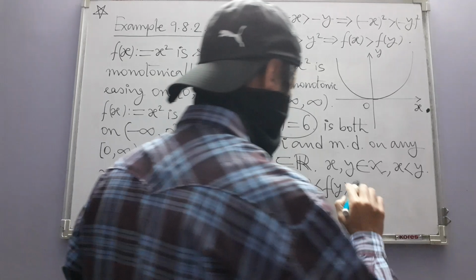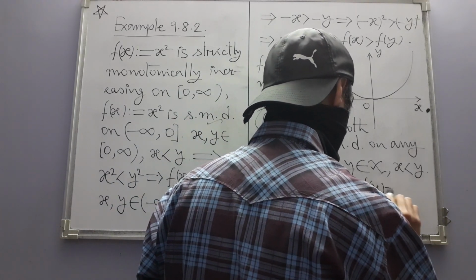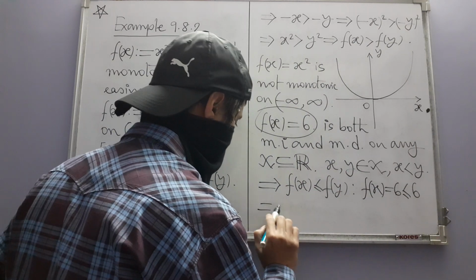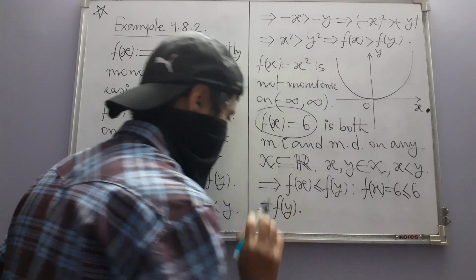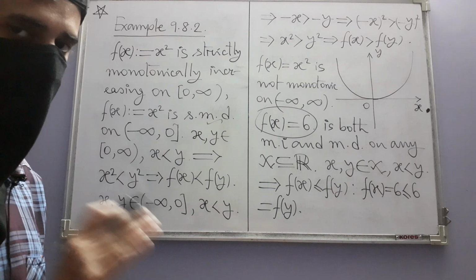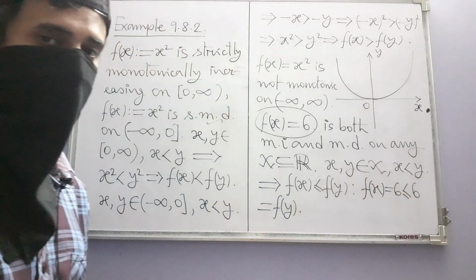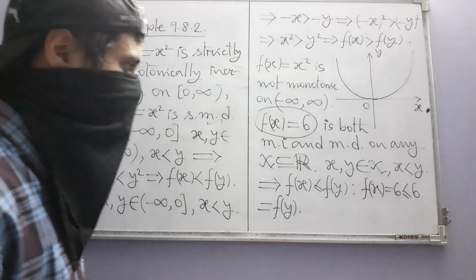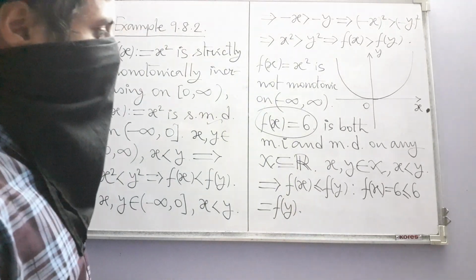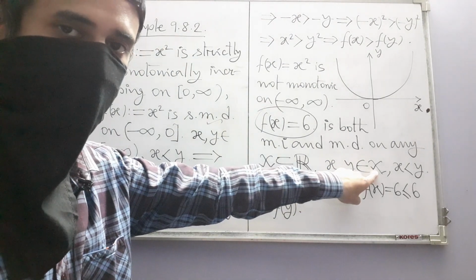Yes, because actually f of x is 6 and f of y is also 6, and 6 is less than or equal to 6. Actually it's equal to 6, but this relation is true. Note one more thing carefully, that this is true even when X is the empty set. Why?